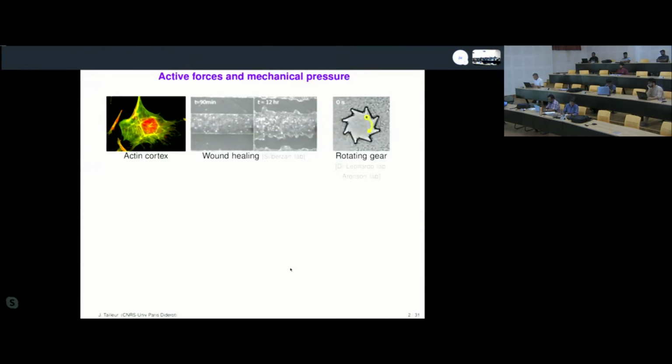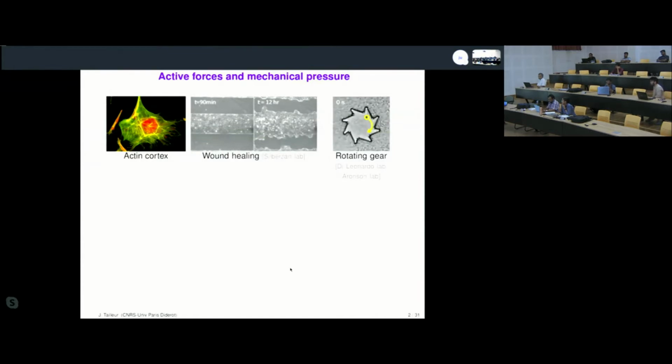So on the top left here, you have an image of a single cell. And in green, what you can see is the actin cortex. At the bottom right of the picture, you see a redder part, which are called filopodia, which the cell is using to grab on a substrate, to pull on a substrate to move.